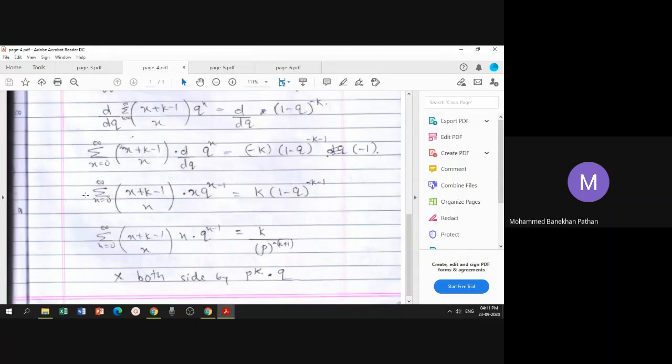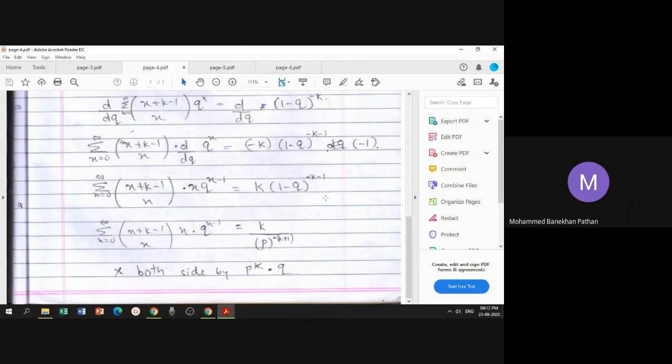I think nobody has doubt up to here. Now the next line: summation as it is, x plus k minus 1 choose x as it is, q raised to x minus 1 as it is, k as it is, and this minus I take common, so it becomes plus. 1 over, and that minus is here, so I write in the denominator p raised to k plus 1.